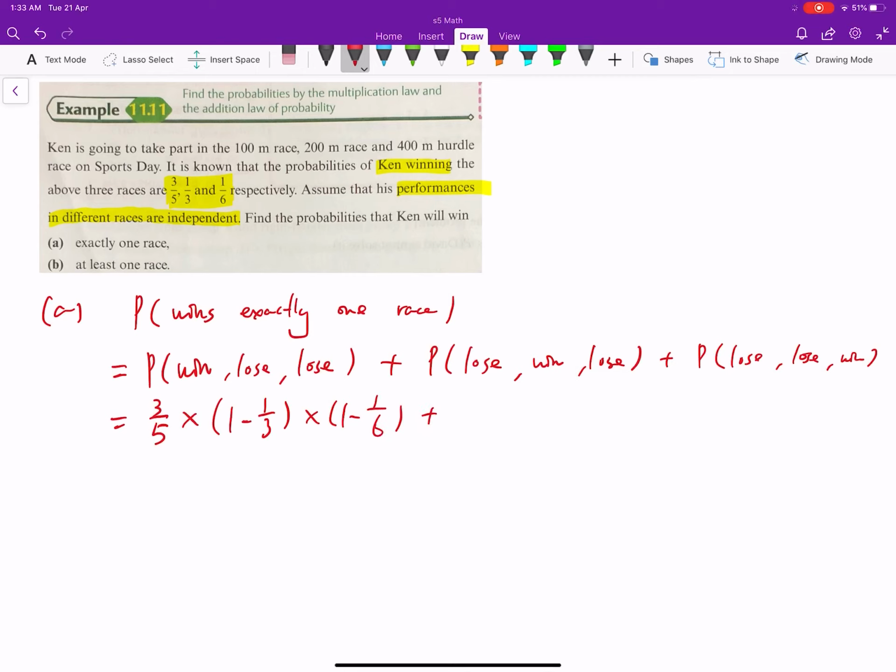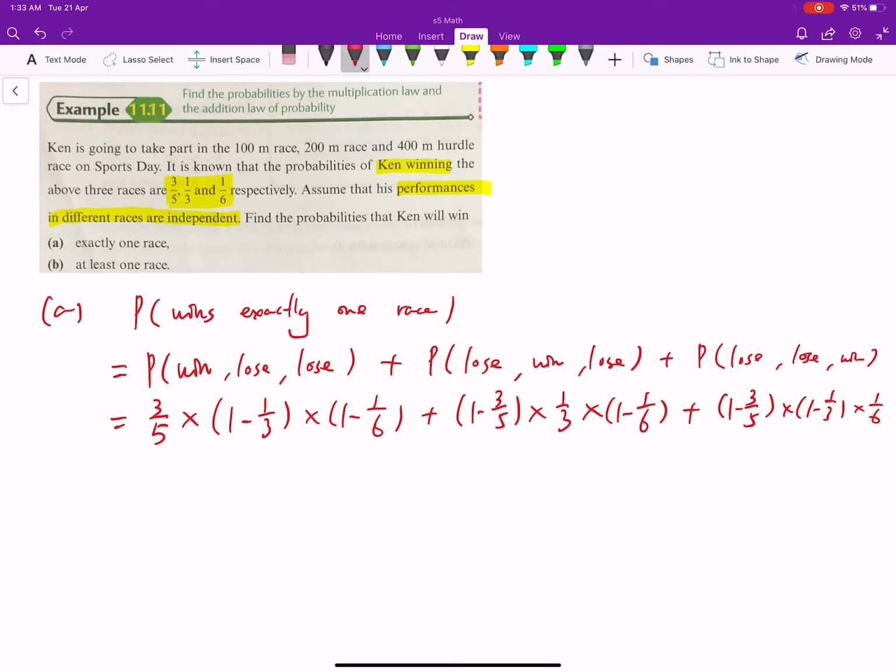Here the concept is not difficult, but be careful. It will be very easy to write the wrong number, and then you will get the wrong answer. So I suggest you write this first, and before you use the calculator to find the answer, you have to double check.